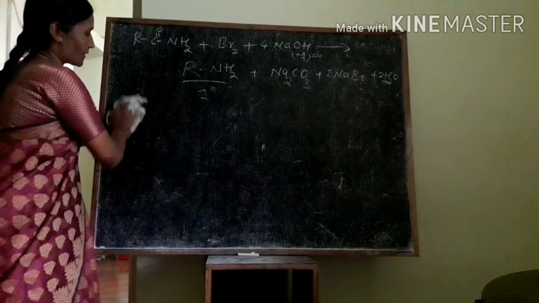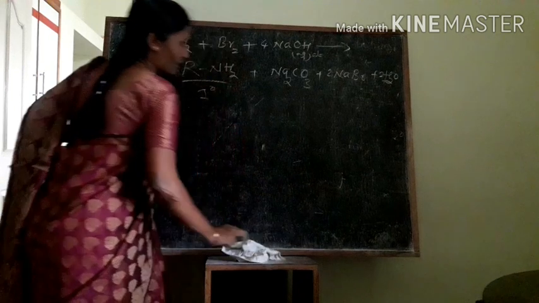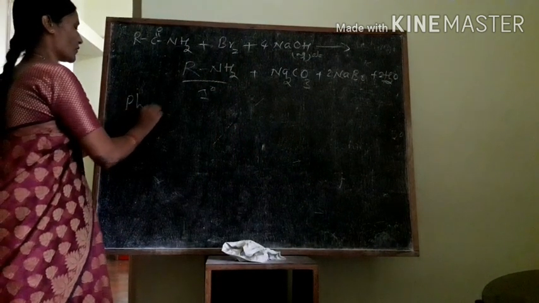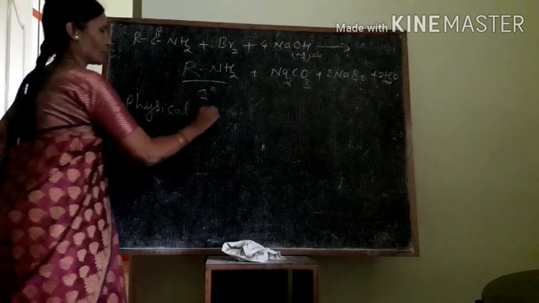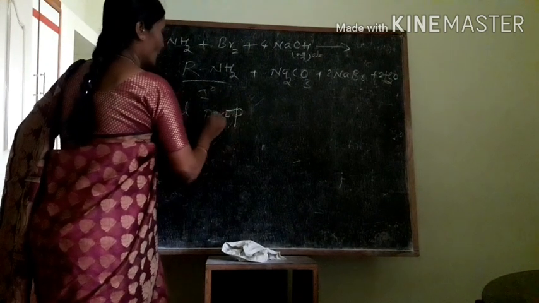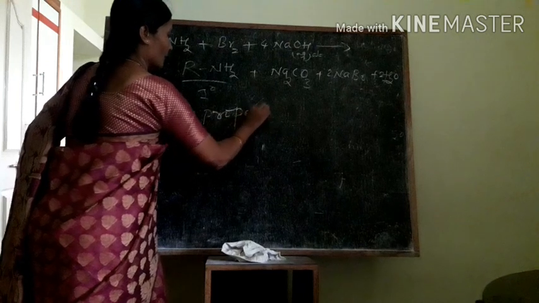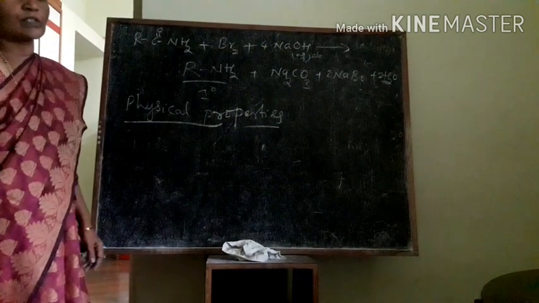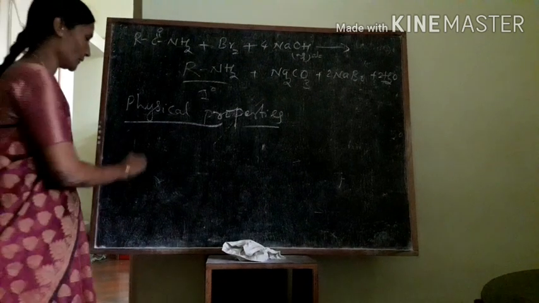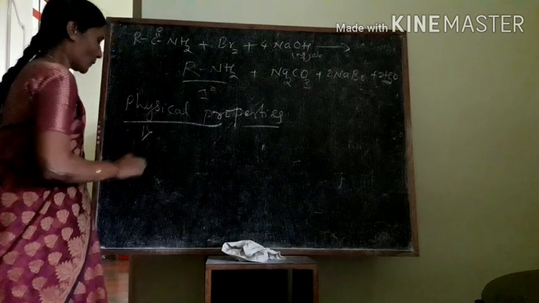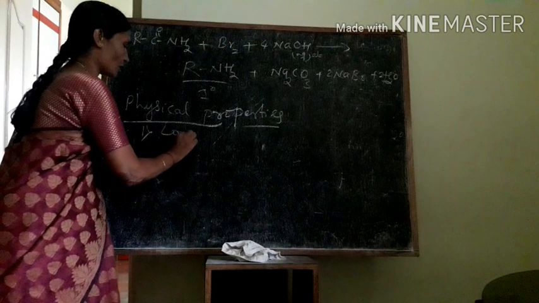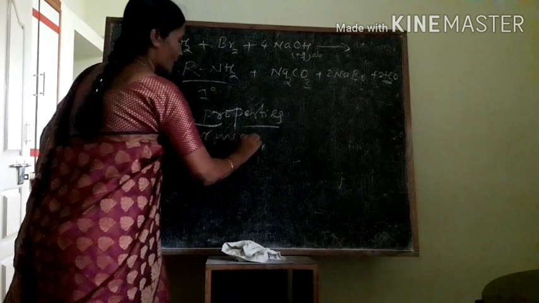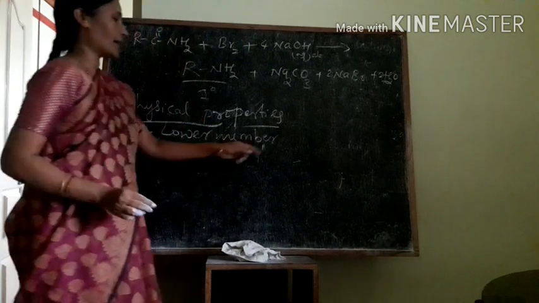Coming to today's video, we will discuss some properties. One is called physical properties. As usual, for organic compounds, whatever they may be, the first main property is that the lower members are usually gases.